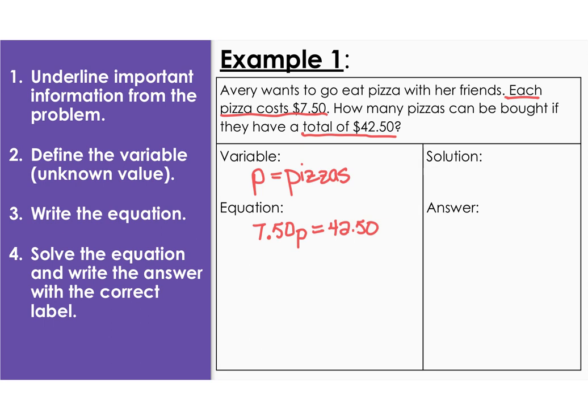So solution, I need to start with my equation. I'm going to solve this equation and isolate the variable p. In other words, p needs to be on one side by itself. So I have to undo what's being done to p.